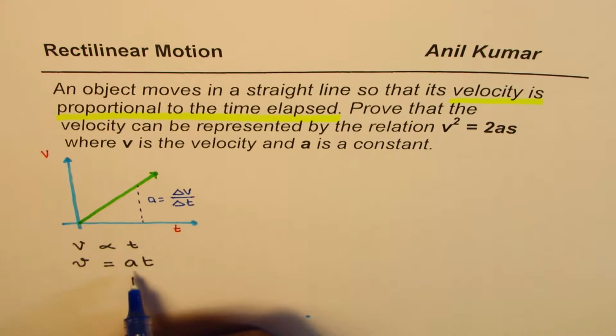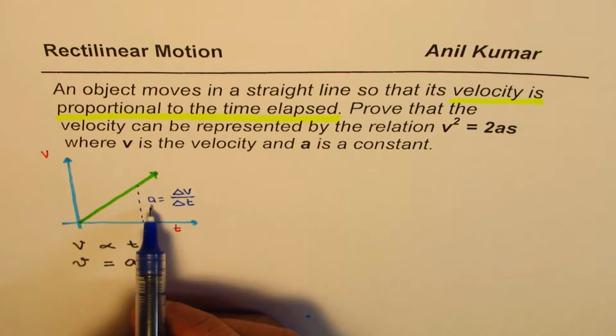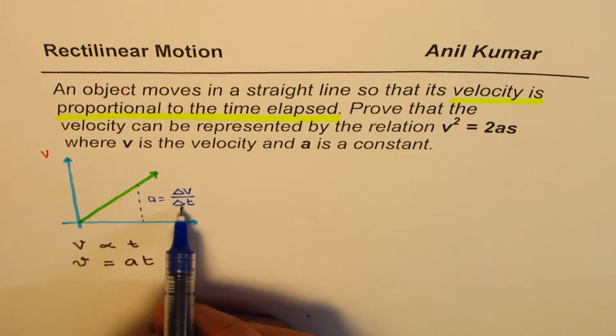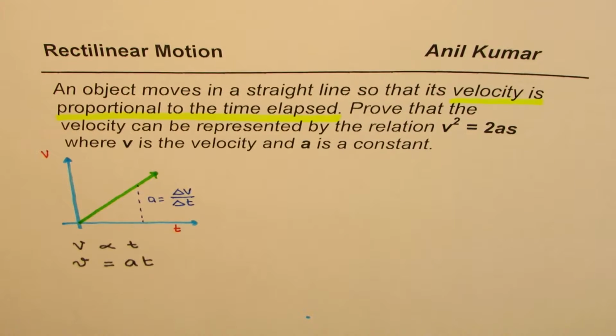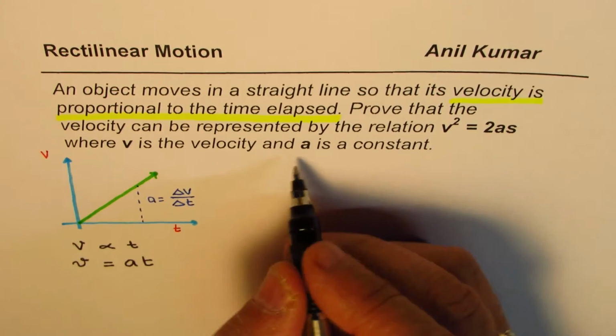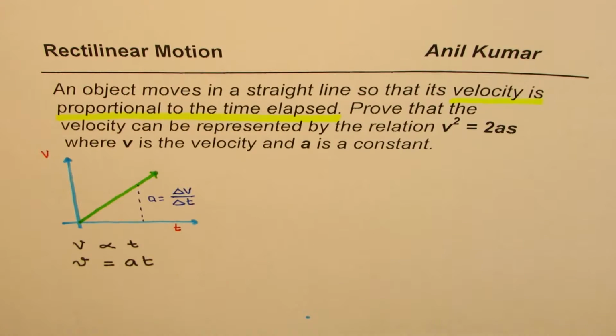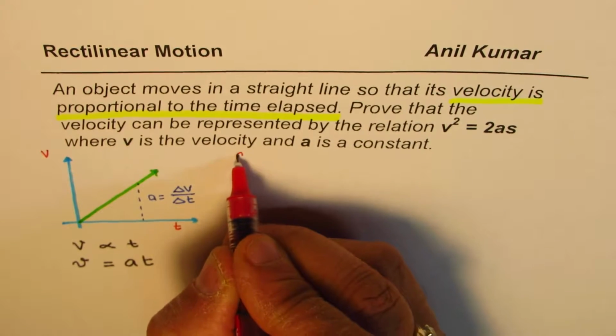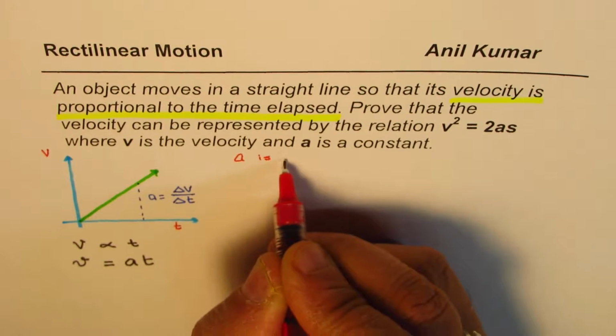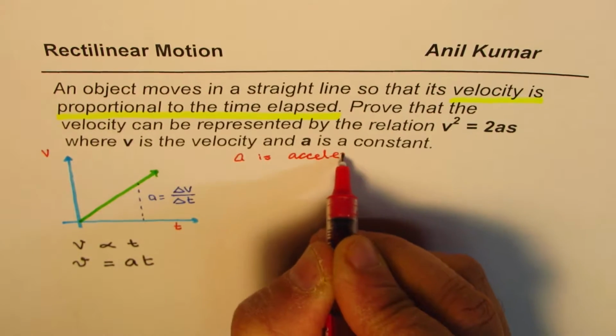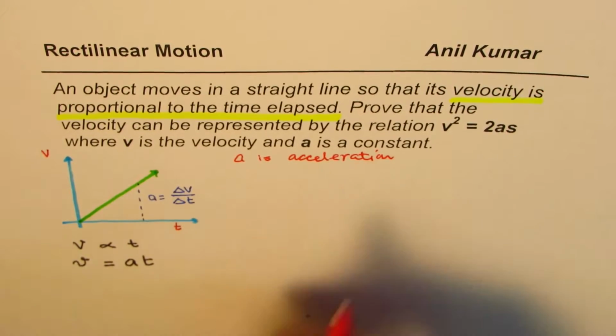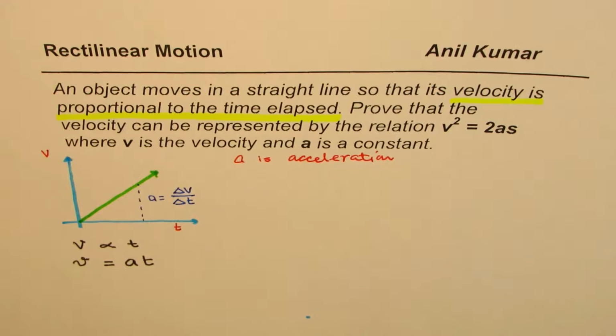And in this particular case, rate of change of velocity is acceleration. Do you see that? So a is a very important letter, and it really means acceleration for us. It has a physical significance. A is treated as acceleration. So that is the significance of a.